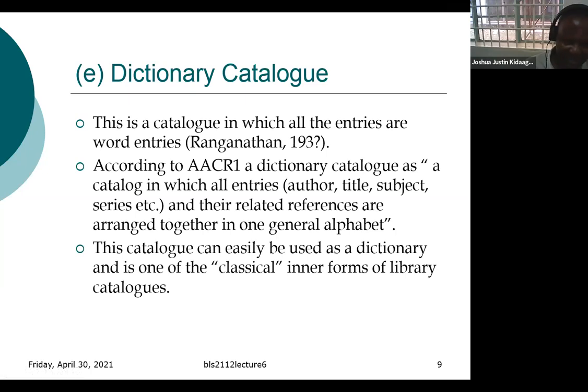This catalog can easily be used as a dictionary and is one of the classical forms of library catalogs. So that is how the dictionary catalog is unique, because it combines all the other four: the author, the name, the title, and subject catalogs, but in one alphabetical sequence.